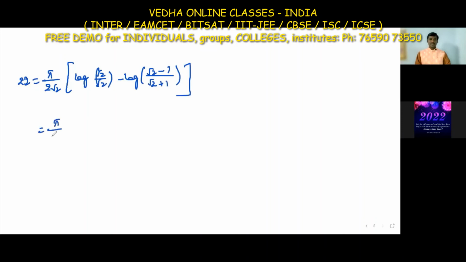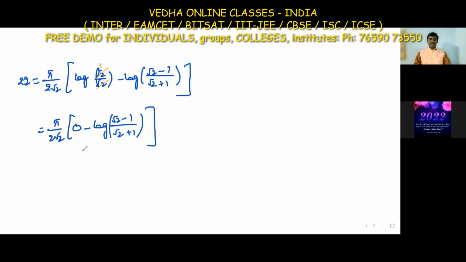Pi divided by 2 root 2, writing as it is; root 2 and root 2 cancel, so that we get 1. Log 1 is 0. So 0 minus log of (root 2 minus 1) divided by (root 2 plus 1).